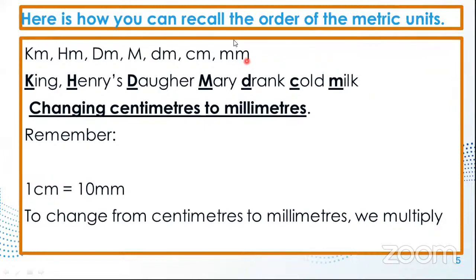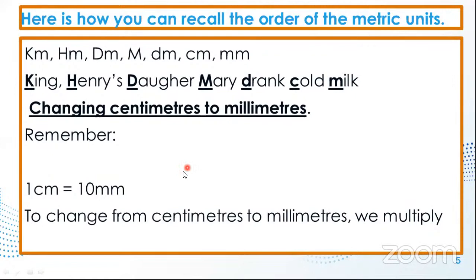So we are dealing with centimeter to millimeters. From centimeter, we have moved only 1 step, and to reach here, we have just got 1 zero. So therefore 1 centimeter equals 10 millimeters.